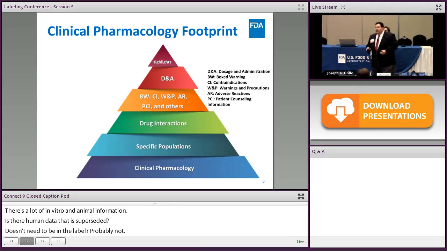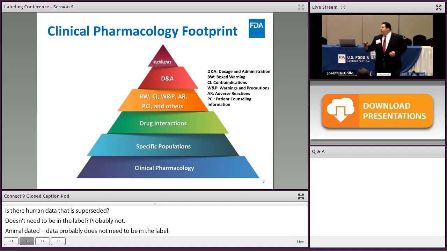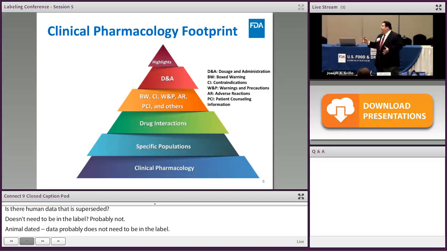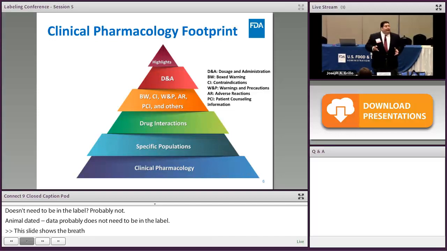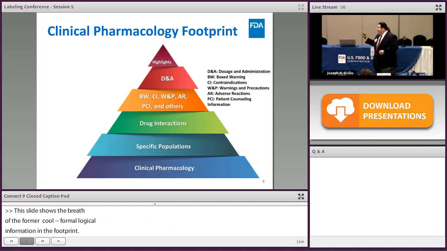So this slide just shows the breadth of clinical pharmacology's footprint in the labeling, which is probably greater than 50%. The bulk of the detailed clinical pharmacology information you'll find in section 12, which is the bottom of the pyramid there. However, that informs many of the actionable sections that you heard about yesterday.